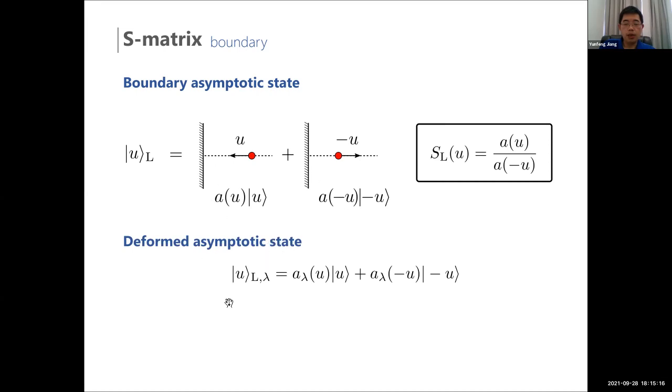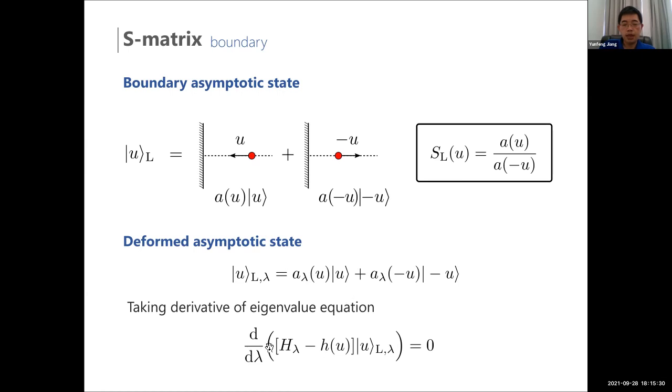Then, similar to the previous case, we can deform under the deformation. This one particle state is deformed, where this A becomes lambda dependent. So basically, we want to find this A. And we play the same game and take the derivative of the eigenvalue equation.